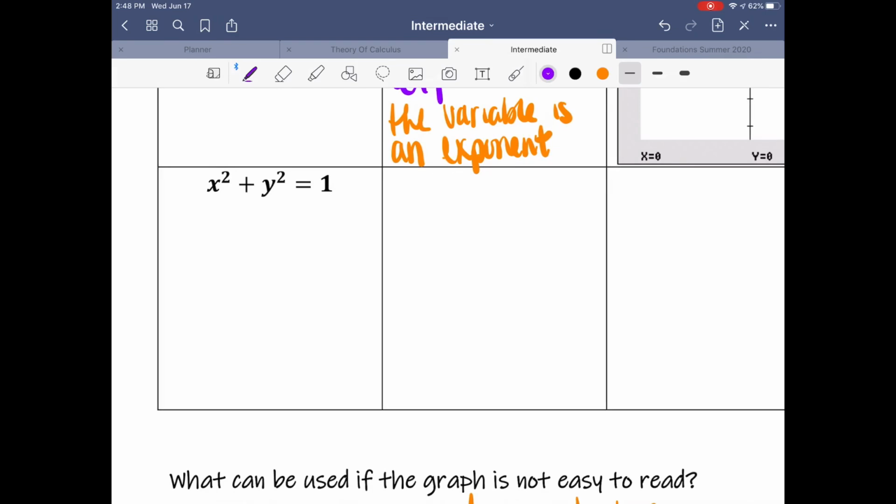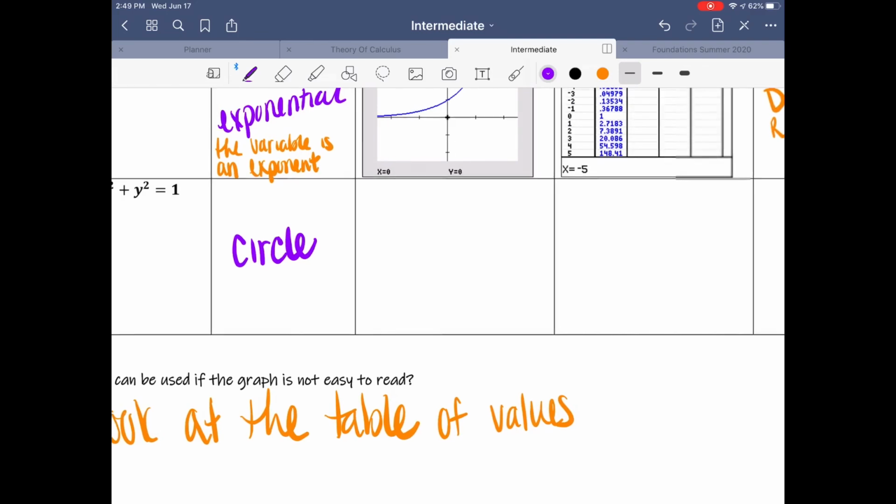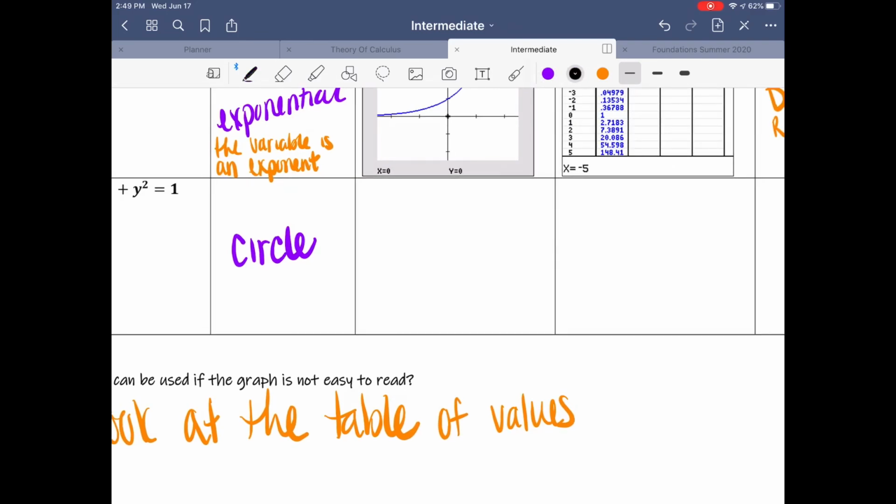This function is something you might not see in algebra, but I just wanted to show you it because I think it's fun. This is the equation for a circle because it has that x squared and y squared. That's the equation of a circle. And I wanted to do this because, well, I like circles, but I wanted to show you an example of domain and range for a circle. So let's say this is my circle.